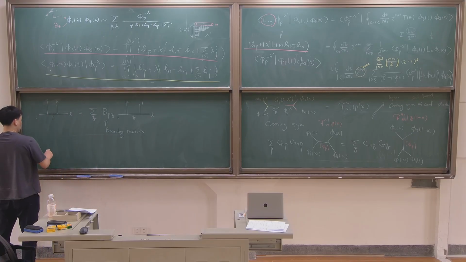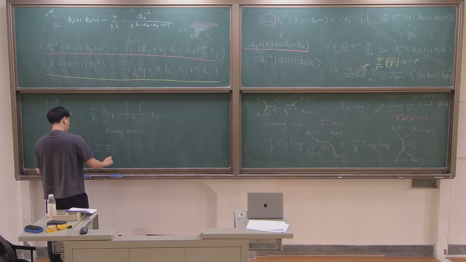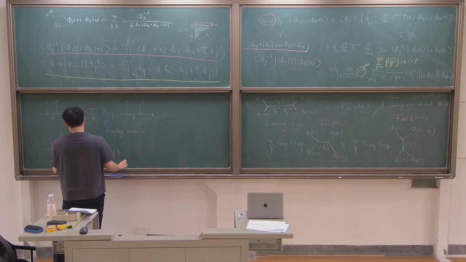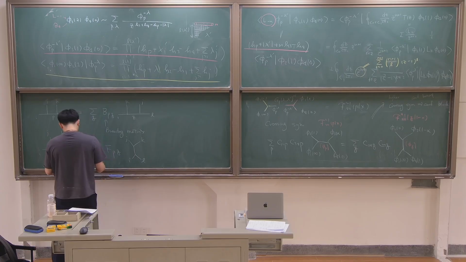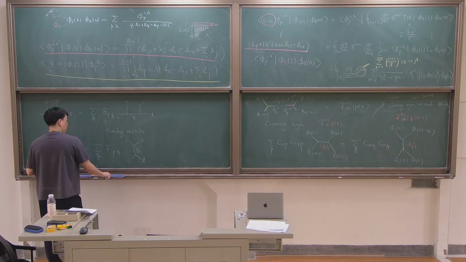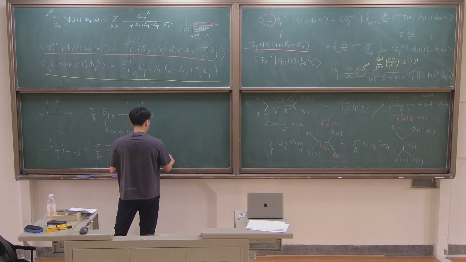Another one is something like this: J, K, I, P, L is equal to the sum over Q of F, P, Q, J, K, I, L. And this is called F, coming from the fusion matrix.